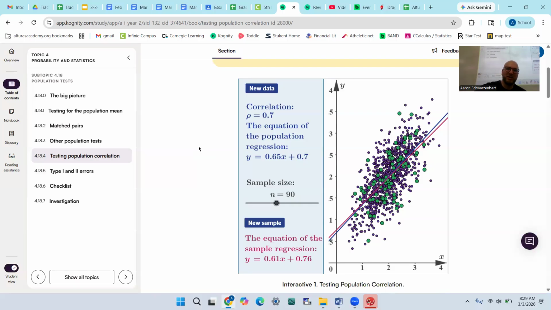So in place of R, because R is our calculated one, we are trying to draw conclusions about our population, just like we've always been trying to do.